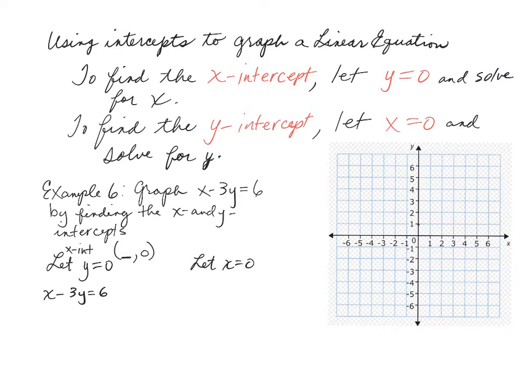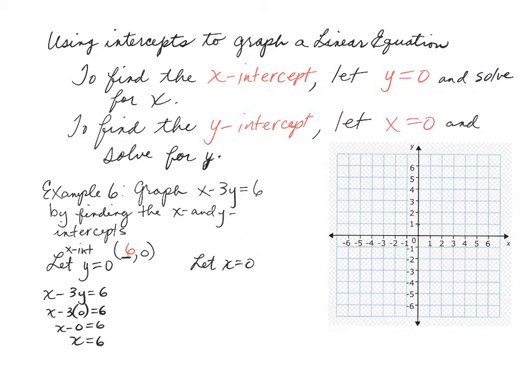So if y is 0, then we get x minus 3 times 0 equals 6. Then 3 times 0 is 0, so x minus 0 equals 6, or x equals 6. So the x value is going to be 6. So the x-intercept is 6 and 0.